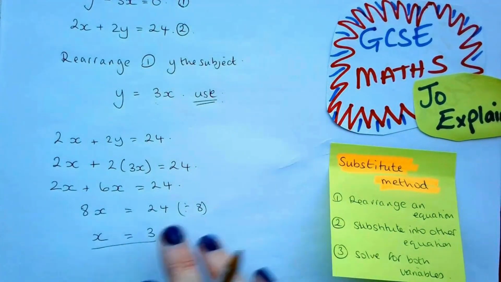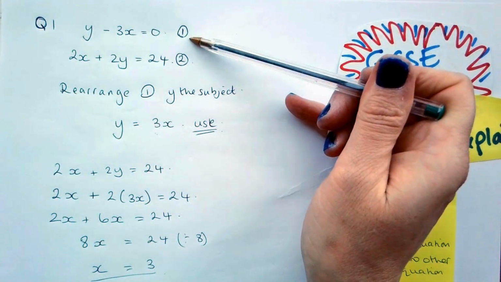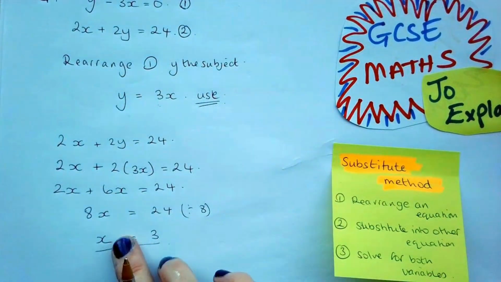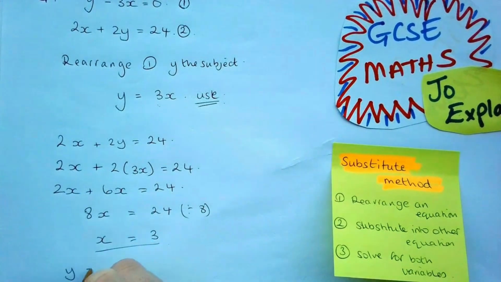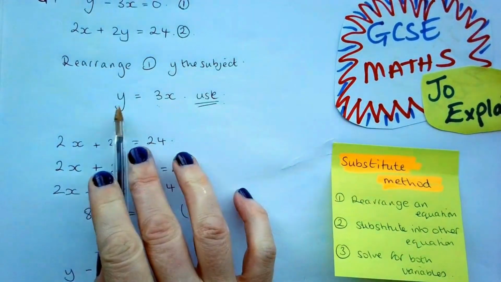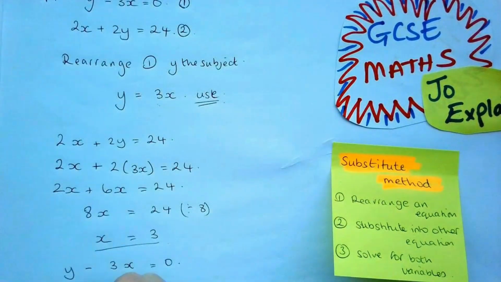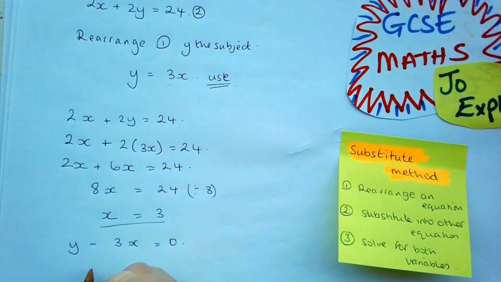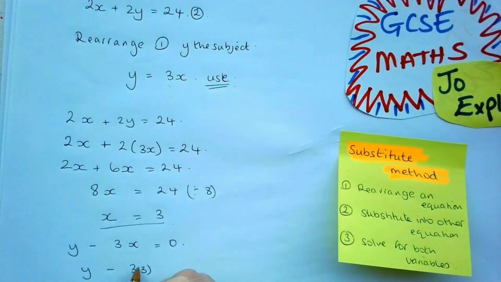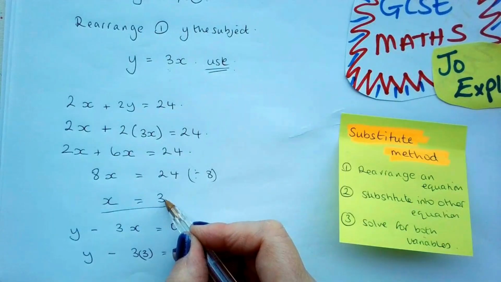Now I've got the x. I'm going to go back to the simpler equation I was given, number 1, and I'm going to sub in that value of x into there. So y minus 3x equals 0, or I could even use the rearranged version. So I'm going to do y minus 3 times 3 equals 0, because I'm subbing in the x value.